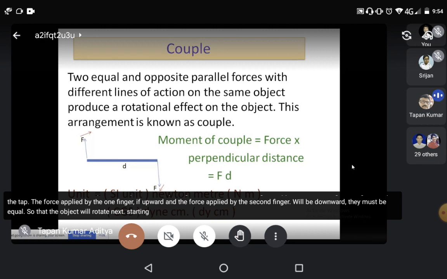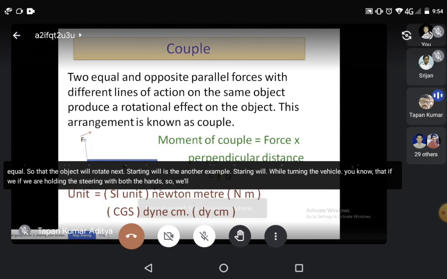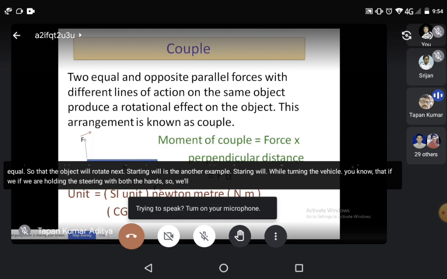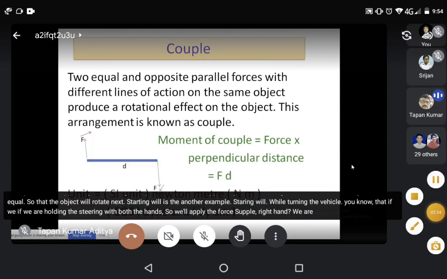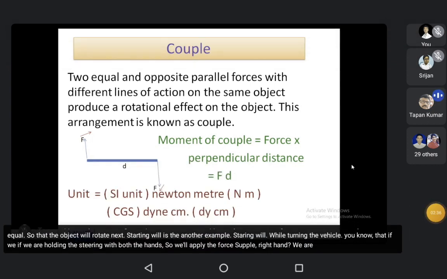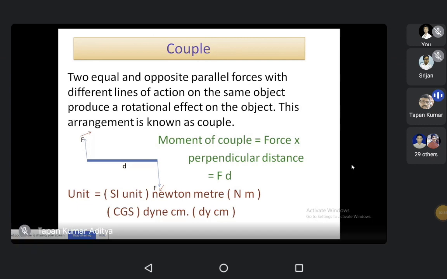Next, the steering wheel is another example. While turning the vehicle, if we are holding the steering wheel with both hands, we apply force. Suppose we are turning left: the right hand will apply the force in an upward direction, and the left hand will apply the force in a downward direction.